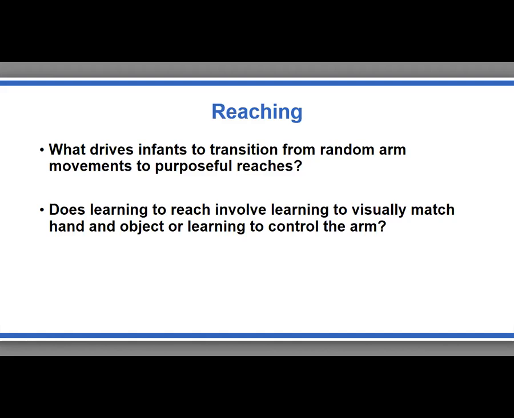Does learning to reach involve learning to visually match hand and object, or learning to control the arm? Yes and no, right? You can reach in the dark for a cup or a coffee mug, right? It could be completely dark. You're going to go with a wide grip. As soon as you feel it, you're going to start adjusting for what that object is.